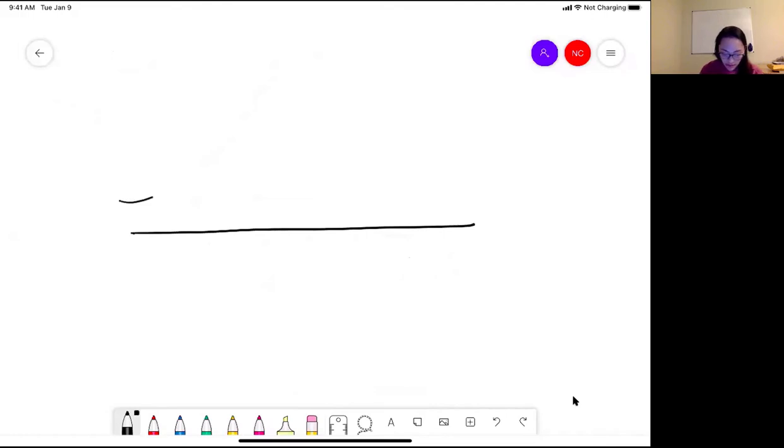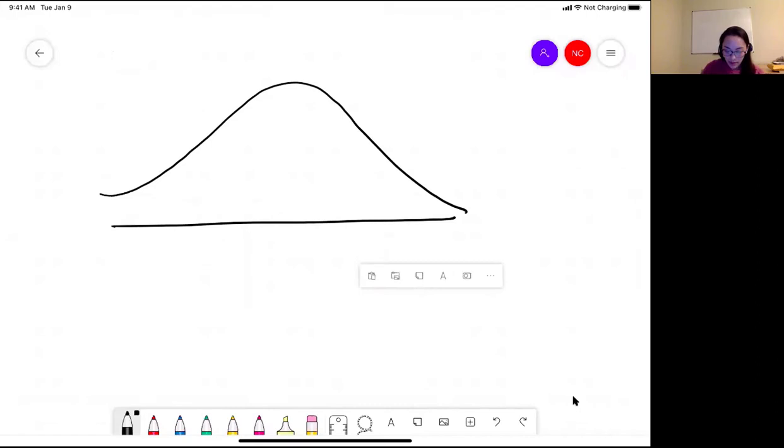So we've got our bell curve, and we know that a mean exists somewhere in here. Let's use the same numbers we used before to make it easy.